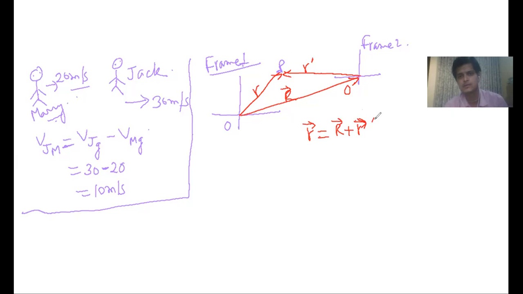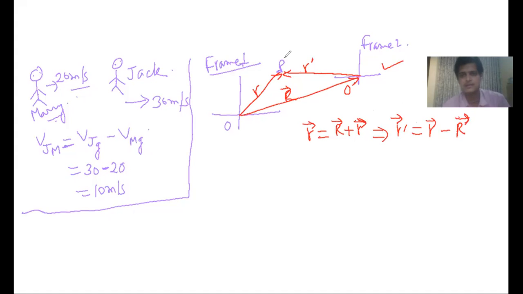Means the position of this point P with respect to frame 2, we can easily analyze as R prime will be R vector minus capital R vector.